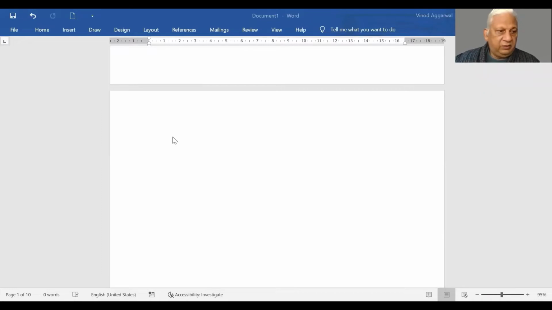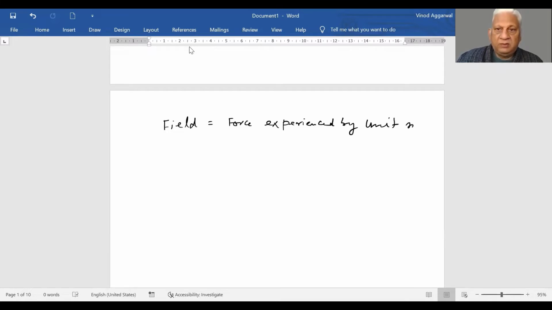We have already defined what is field and potential. Just to reiterate, we define again. Field is the force experienced by unit mass. And what is potential?